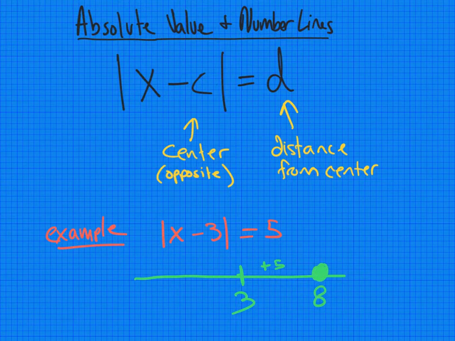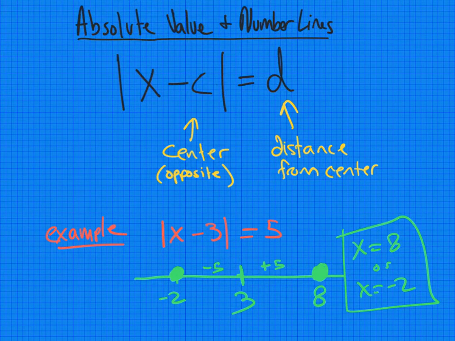And then I'm going to go 5 units to the left, which puts me at negative 2, and put a filled in circle there. Those two circles represent my two answers, because what this problem is really saying is that I'm looking for the numbers that are 5 units from the number 3. And those numbers are 8 and negative 2. So my answers to this problem are x equals 8 or x equals negative 2.